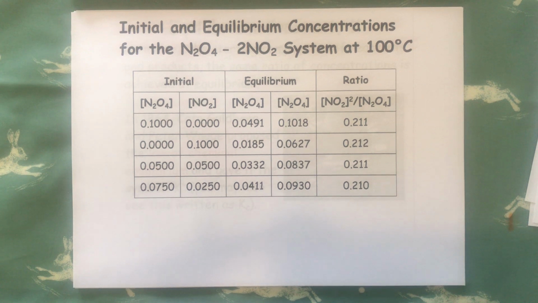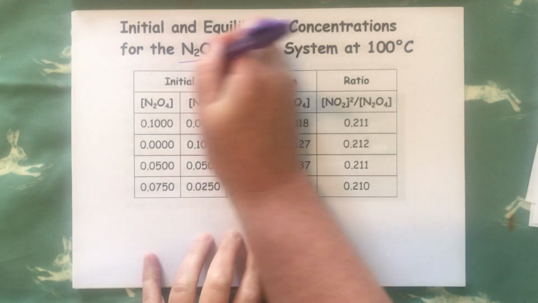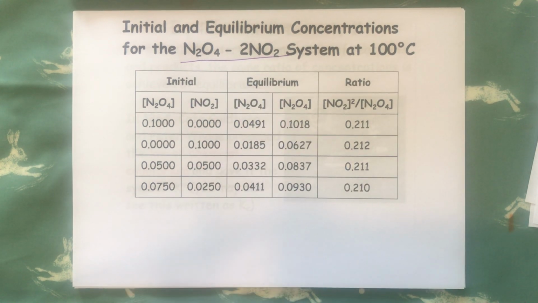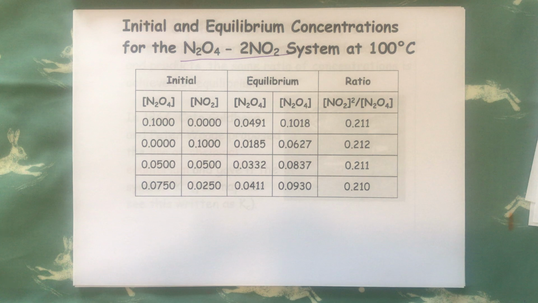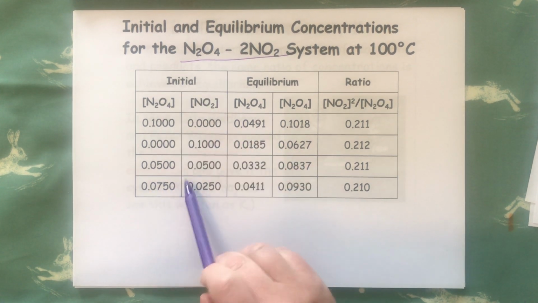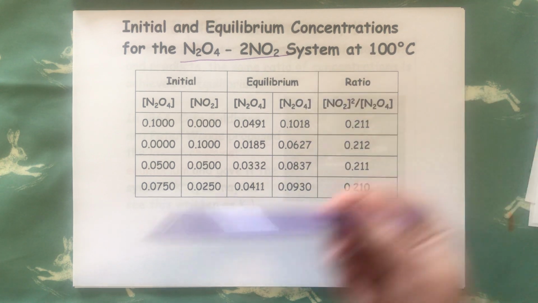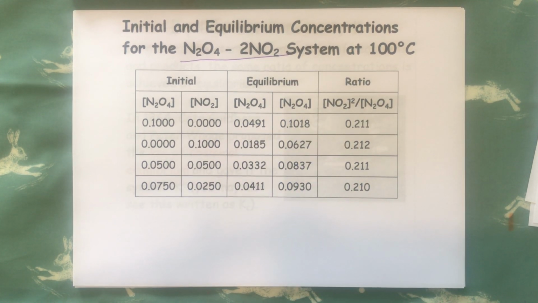So here is a little table. It's just that same system that we looked at, this dimer, dinitrogen tetroxide, forming the nitrogen dioxide gas there. So this is a table of initial and equilibrium concentrations of each of these gases.